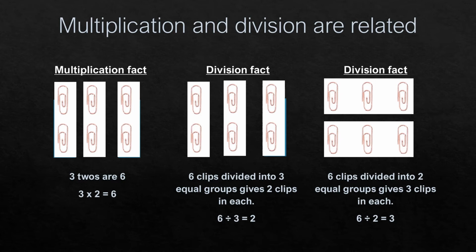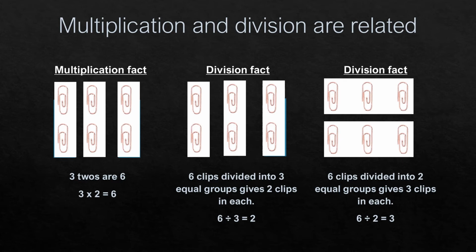In division facts, 6 clips are there, and these 6 clips are divided into 3 equal groups. Each group has 2 clips. 6 clips divided into 3 equal groups gives 2 clips in each.